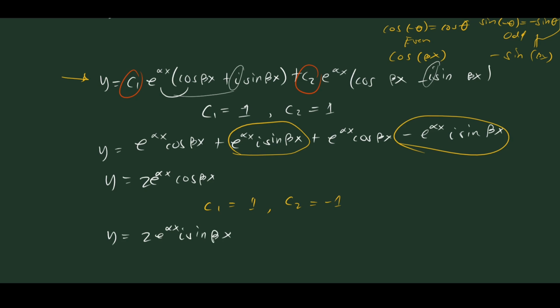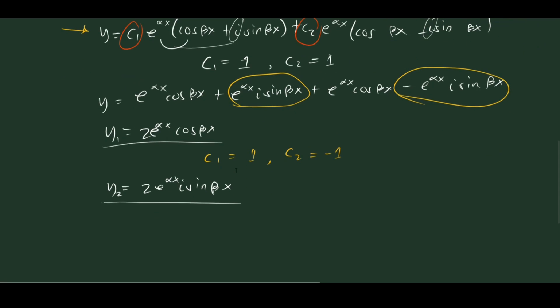You can do that as an exercise: you distribute it right here, and this will be the result that you will get. As you can see here, we have two solutions, and for y2 we still have an i here, right?